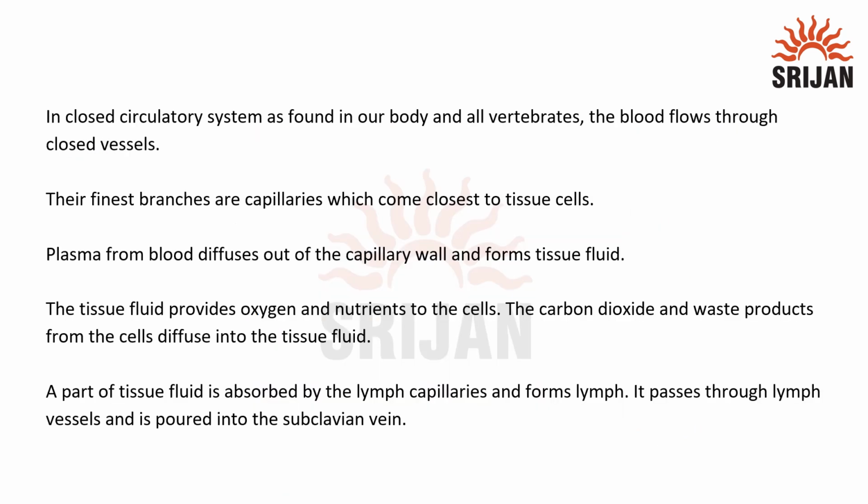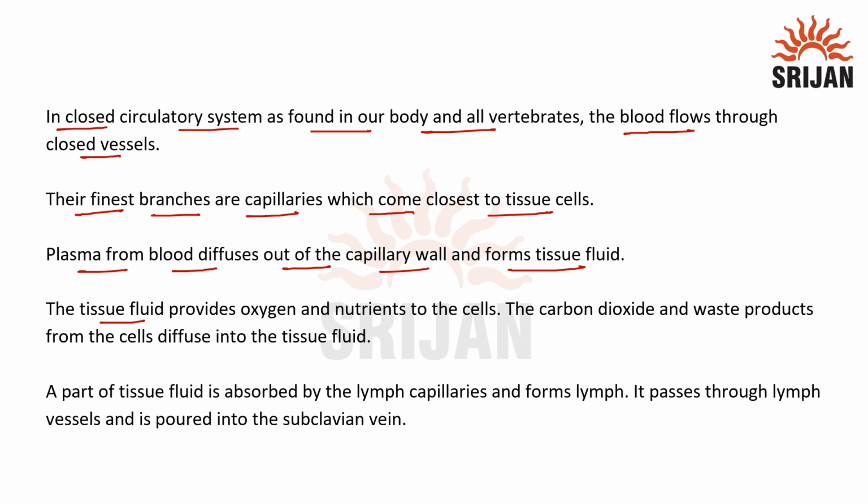Here we have the explanation. In closed circulatory system, as found in our body and all vertebrates, the blood flows through closed vessels. Their finest branches are called capillaries, which come closest to the tissue cells. Plasma from blood diffuses out of the capillary wall and forms tissue fluid.